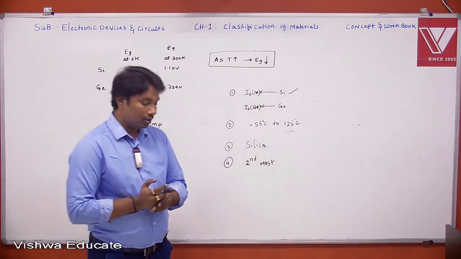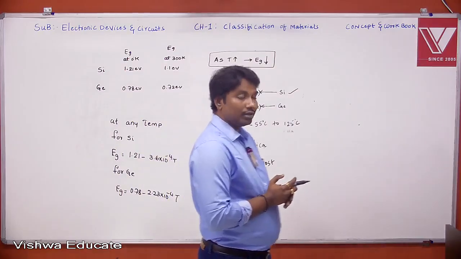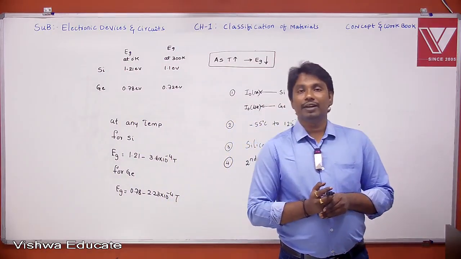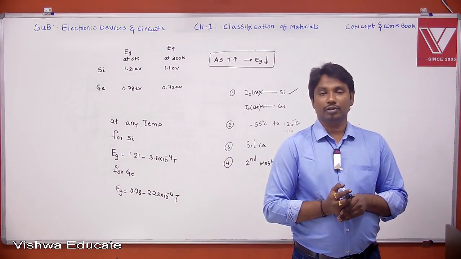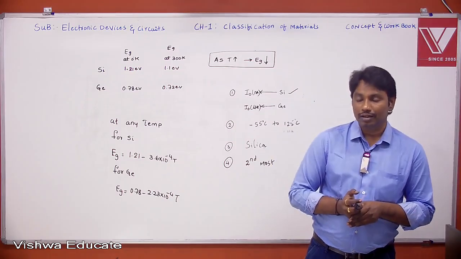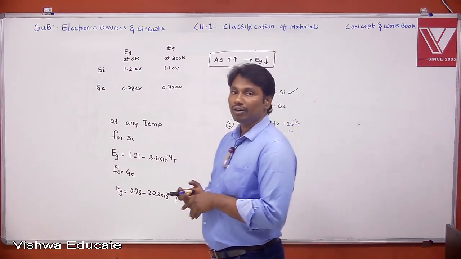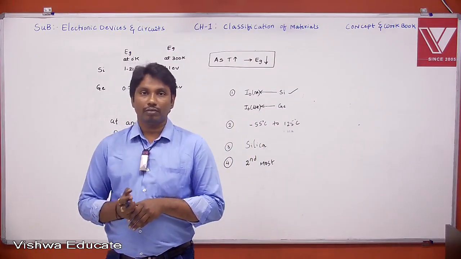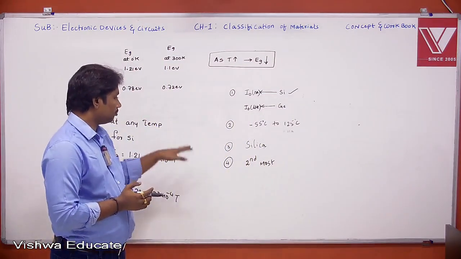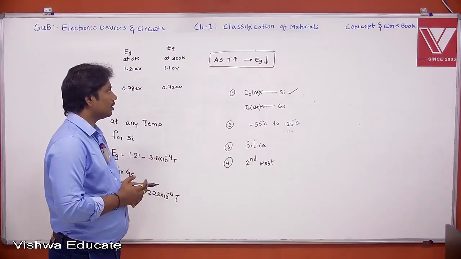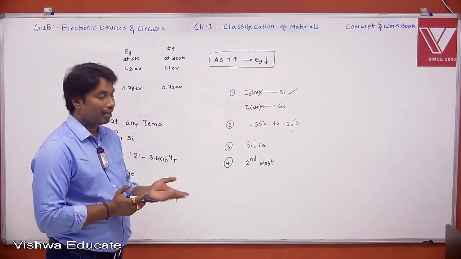Fourth point, silicon is the second most abundant element on earth. Because of these four reasons, we prefer silicon in fabrication than germanium.